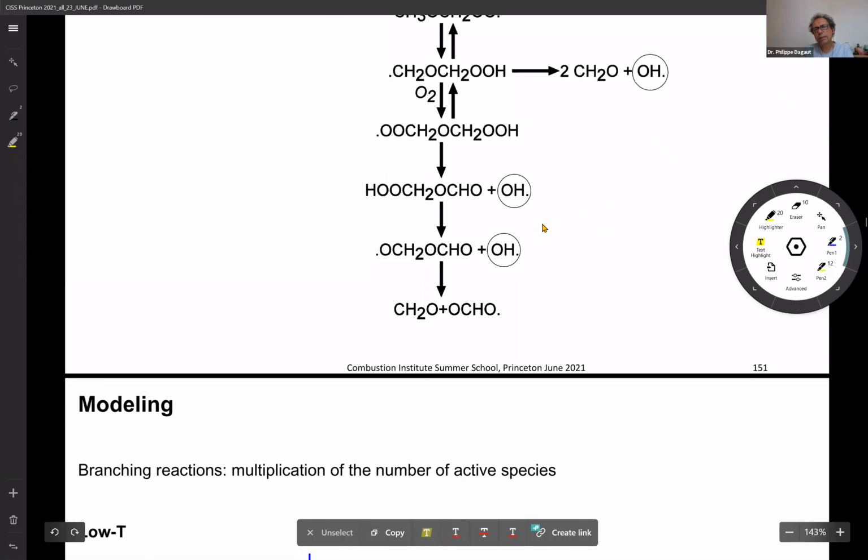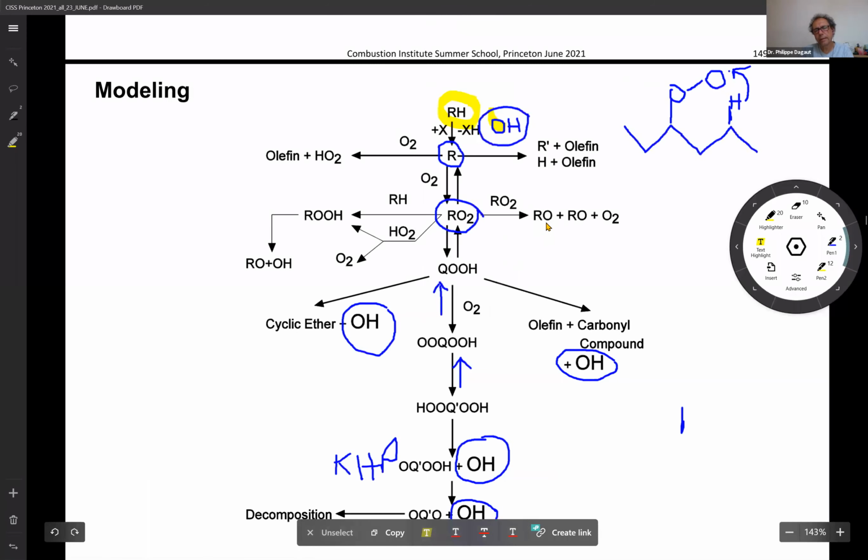These alkoxy radicals can then react through two pathways. Either they react with O2 and form HO2 plus an aldehyde, or they decompose and they will form an H atom plus an aldehyde.